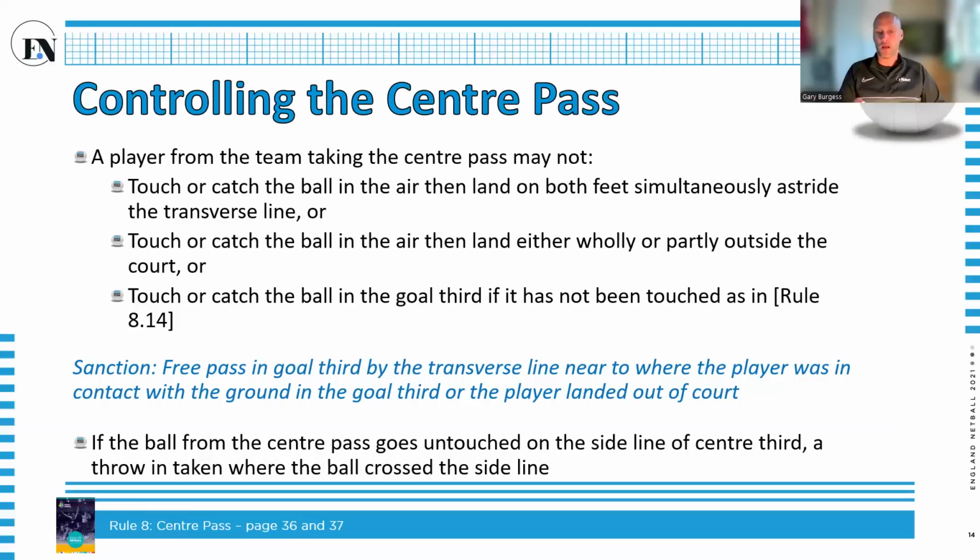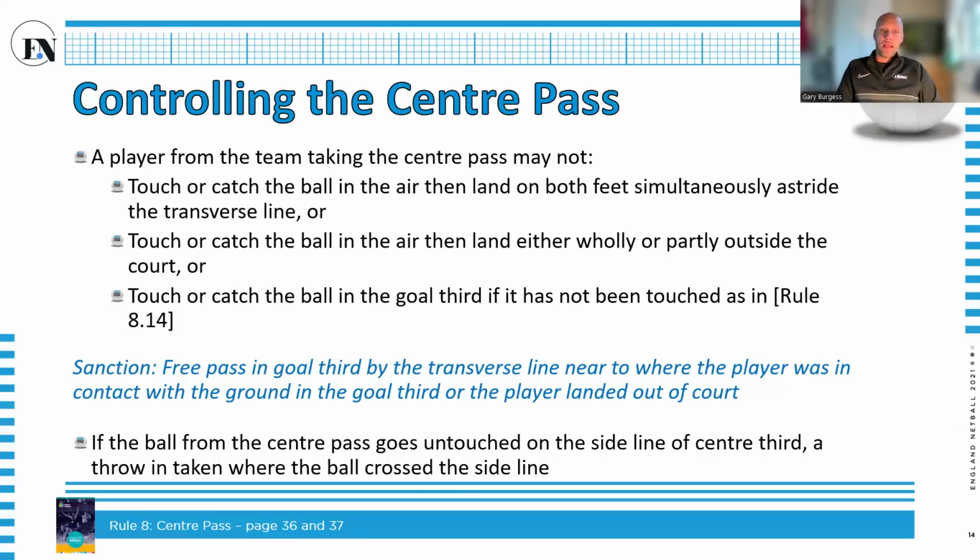So if you're quite close to the sideline and you're in goal third and you jump and you catch the ball and you land with your left foot out of court and your right foot in the court, because you have broken the centre pass rule first, the sanction is set in goal third, just slightly on court, okay? Not as a throw-in, okay? Because the controlling the centre pass rule has been broken, not the out of court and throw-in rule.